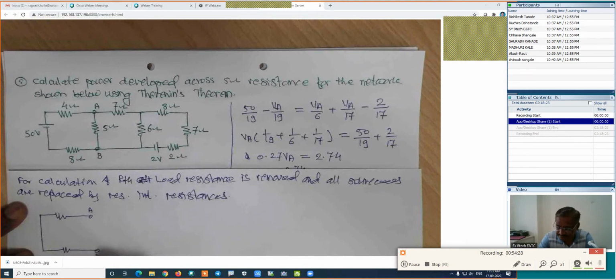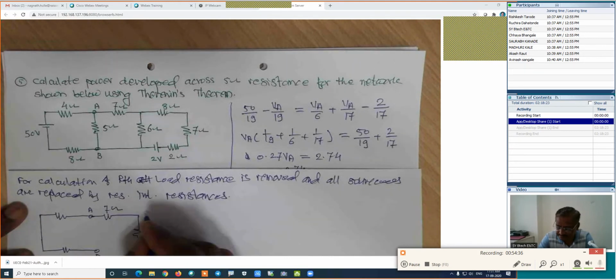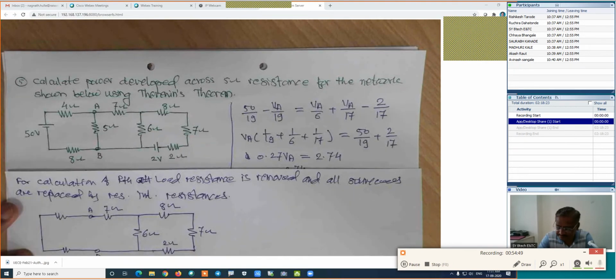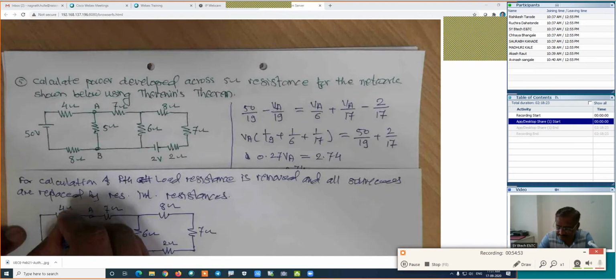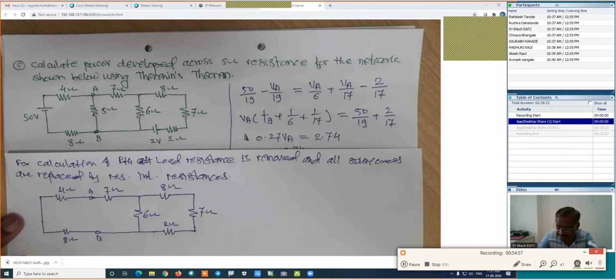This is point B. This is 7 ohm, this is 6 ohm, then 8, then 7 again, 7, then 8, and finally the 2 ohm. This is 4 ohm and this is 8 ohm. The figure will be something like this.